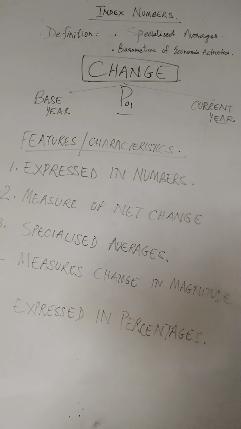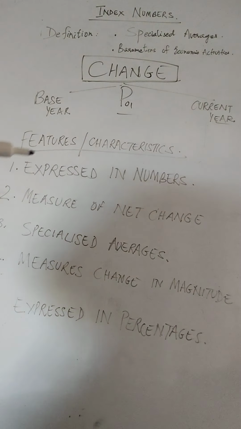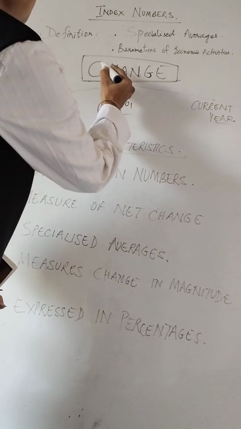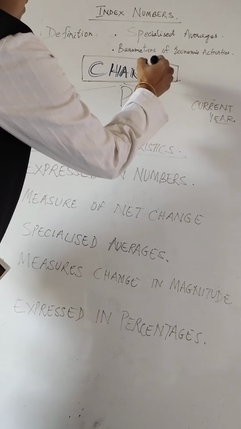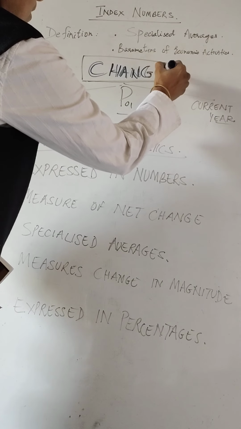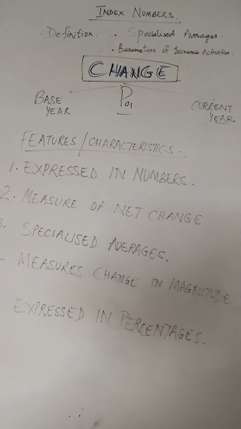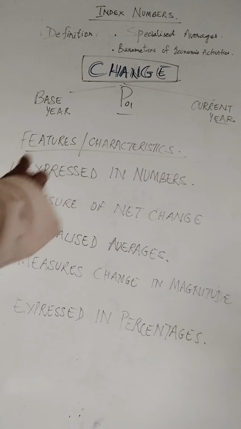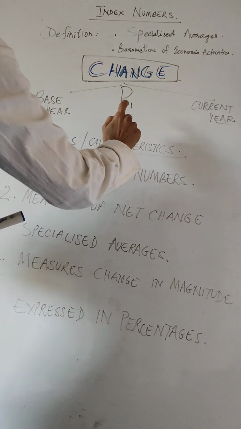So by definition, before we go on, I've written this word, change. Someone has rightly said that change is the only constant in life, and that's what we are going to measure.